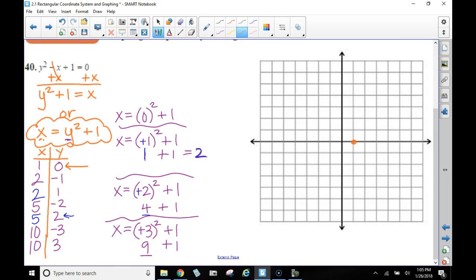Right there. Now, let's look at 2, -1: 2 for x, -1 for y. Let's also plot 2, +1. That's 2, 1.